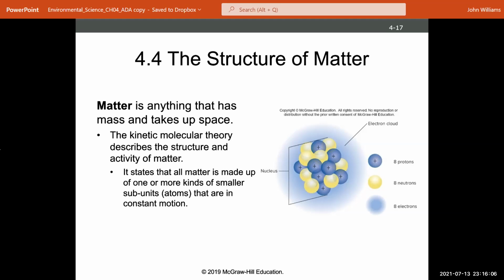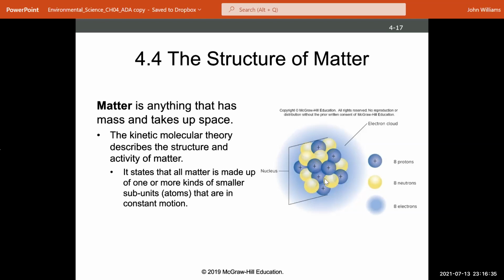Okay, so our smallest types of matter are atoms. All matter is made up of one or more atoms, and these atoms are always in constant motion. Atoms have a nucleus and an electron shell or electron cloud.